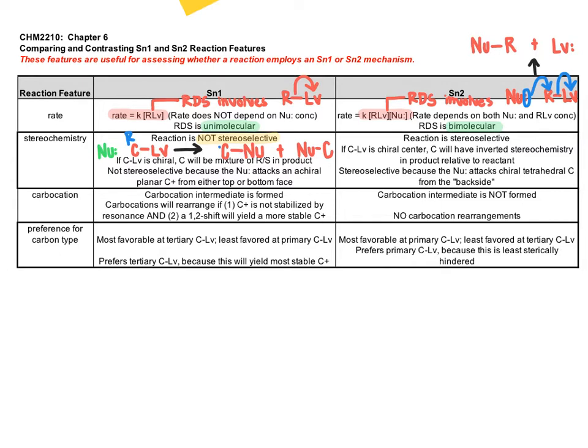So we'd end up with a carbon that is both R as well as mixed with a carbon that is S. And that mixture is very often racemic.